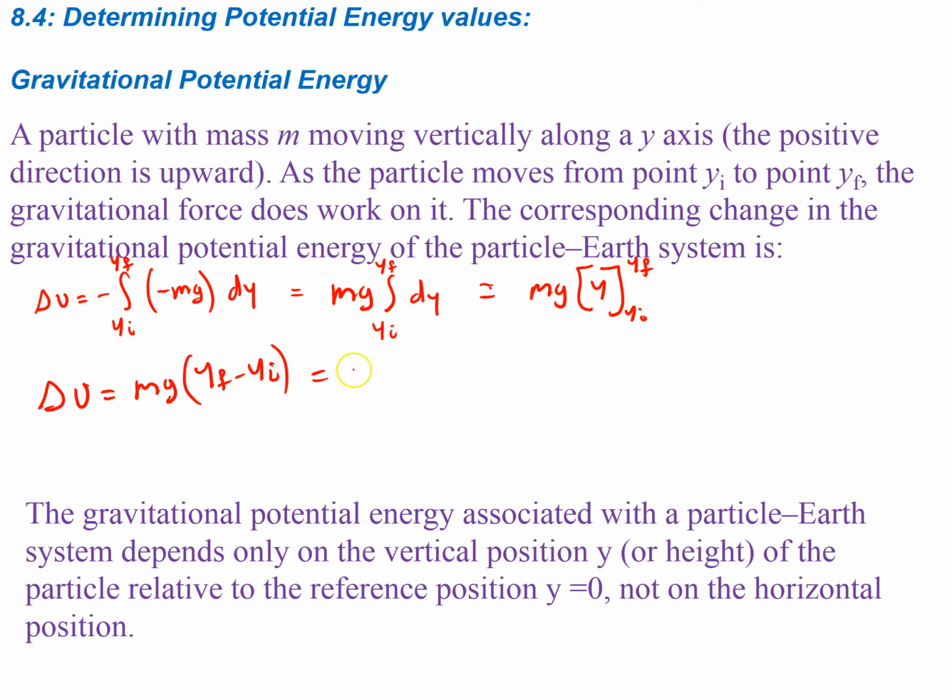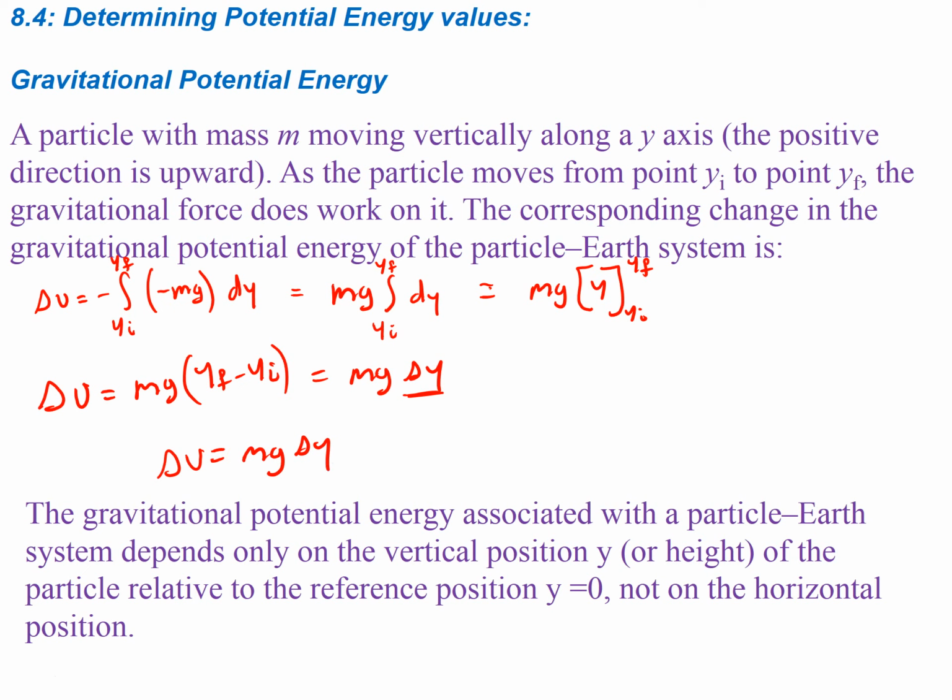And this is simply mg delta y. Right, our change in potential energy. Delta y is our change in vertical displacement. All right, so again, our simple equation for our change in gravitational potential energy is mg delta y.